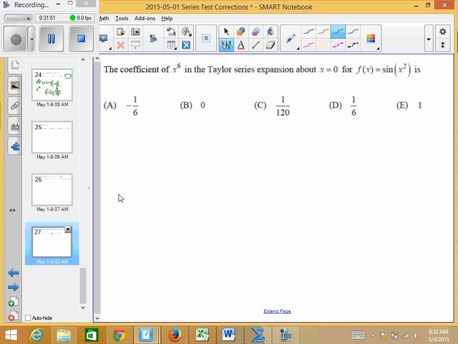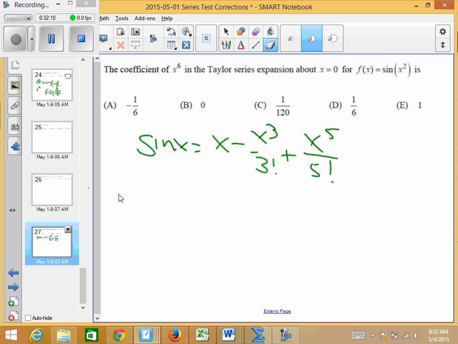Coefficient for x is 6. Sin x squared. You know what sin x is? x minus x cubed over 3 factorial plus x to the fifth over 5 factorial. Close and such form.